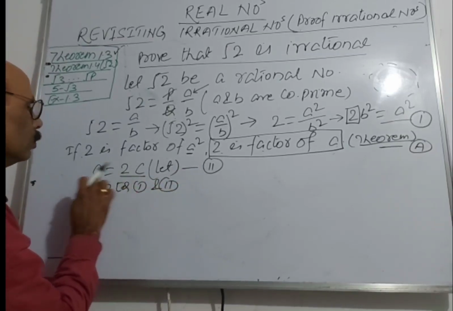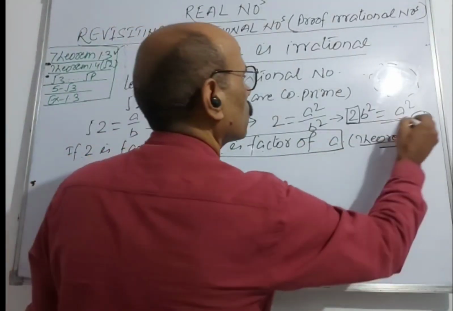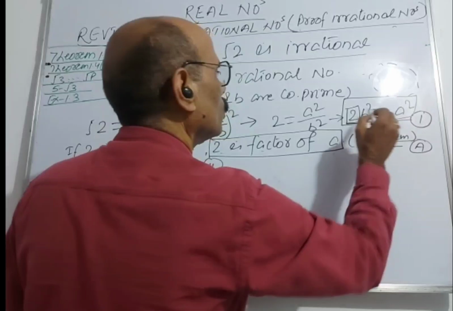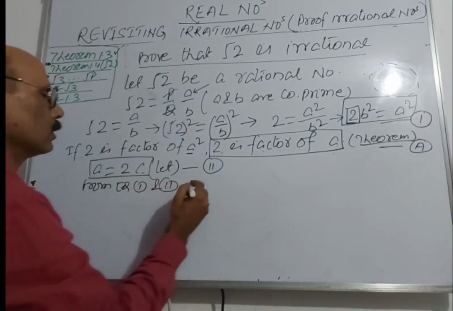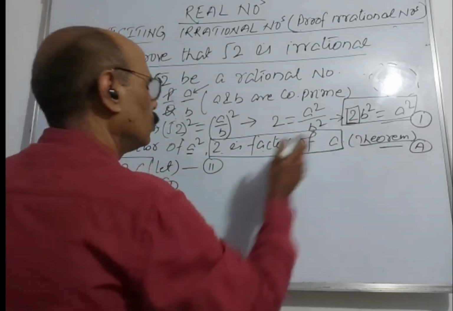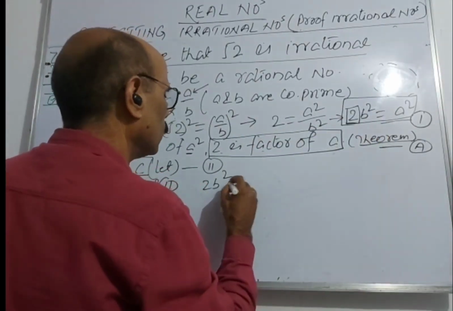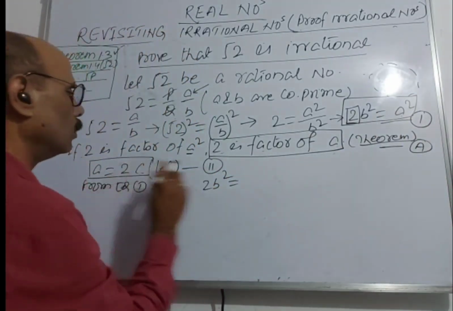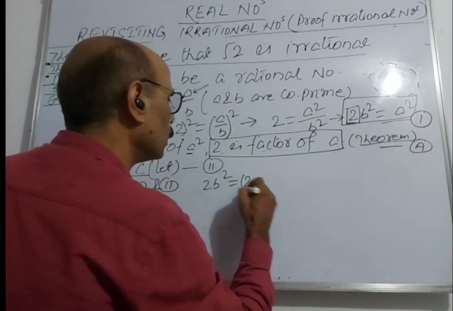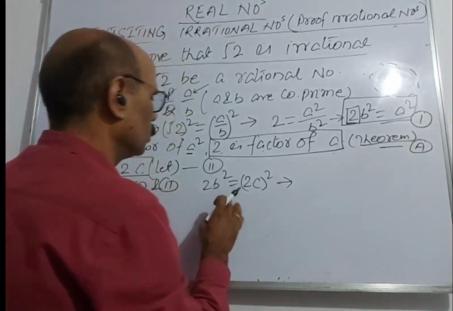Considering both equations, we can write 2b square is equal to, in place of a, 2c and square. Then solve this.